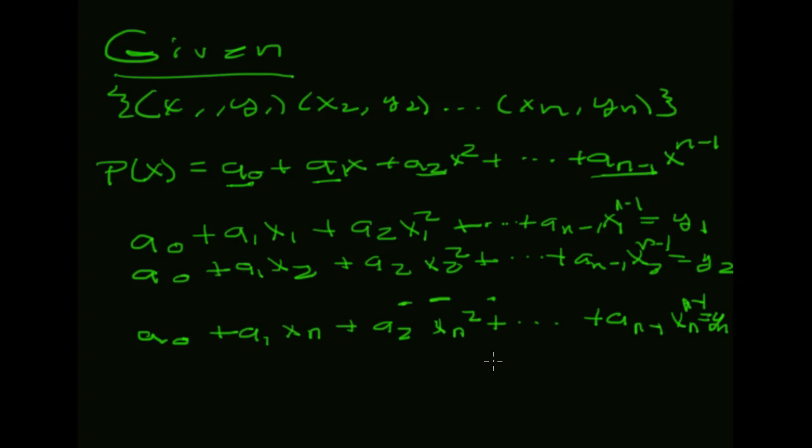Okay, so this is a system of equations, and in fact, if these points are functional, meaning that you're going to pass the vertical line test here, you're going to get a unique solution to this. All right, so ultimately, the solution to this system will give me the a0, a1, a2 that will form this polynomial. So let's give this an actual example.